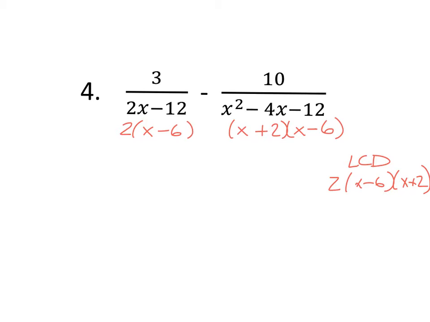To make each of these the same, this first one needs an x plus 2. The second one needs a 2. And then I would simply keep your denominator the same.